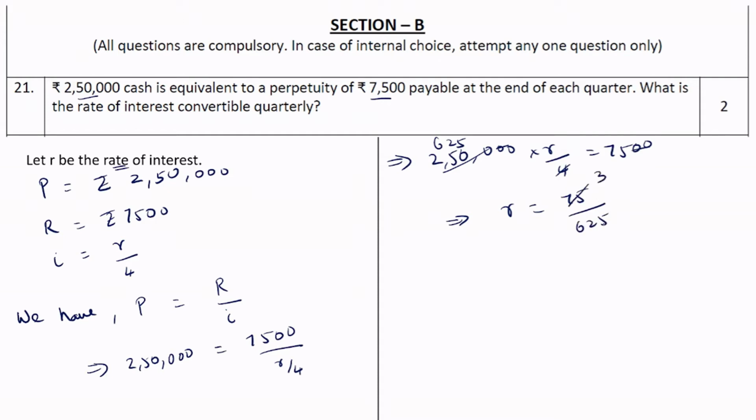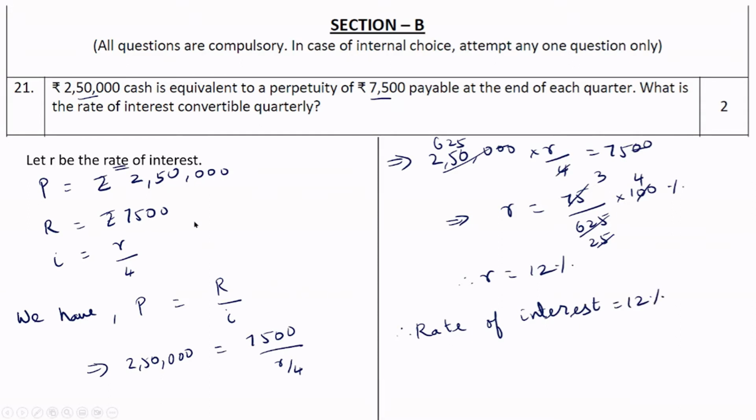This is 3 by 25. If you want to express it as a percentage, multiply by 100%. Therefore, R is equal to 12%. Therefore, the rate of interest is equal to 12%. Writing what is given and the formula carries 1 mark. The remaining steps and the final answer carry 1 mark. So a total of 2 marks.